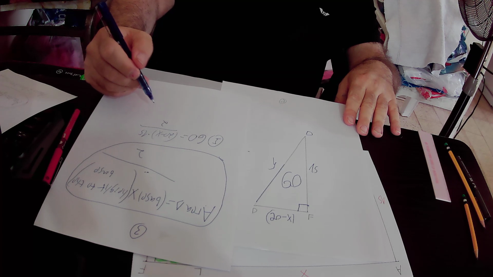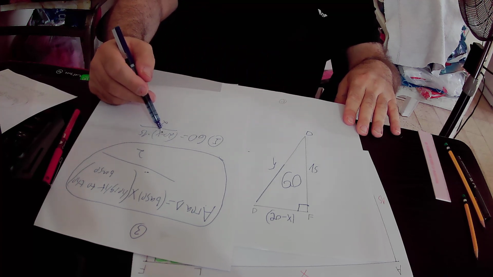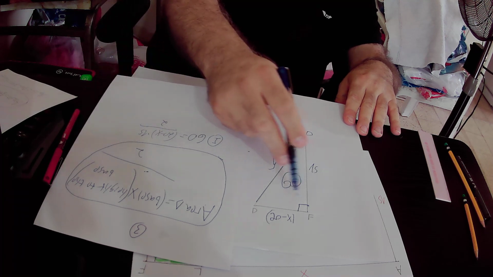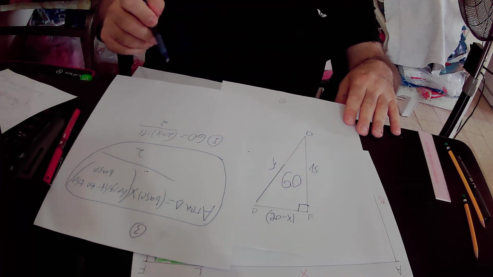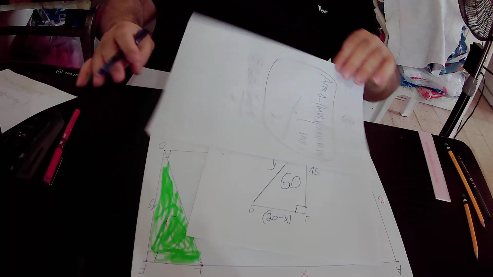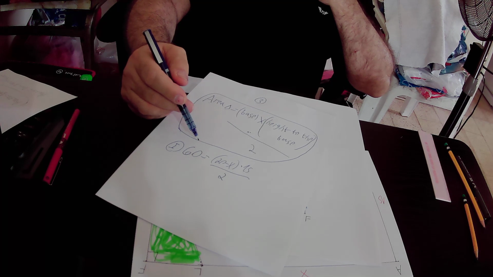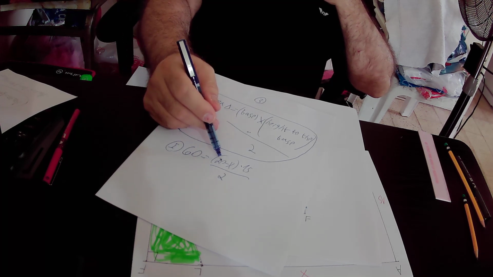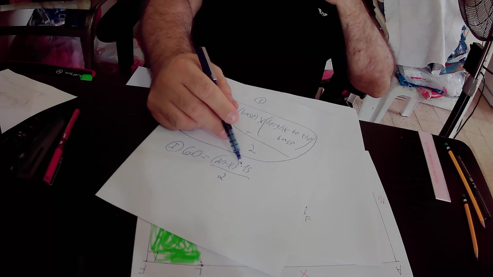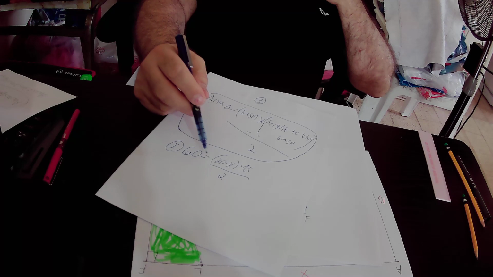So the area of the right triangle, 60 units squared, equals the base, 20 minus x, times the height to the base, 15 units, over 2. Now we will multiply equation number 1 by 2.